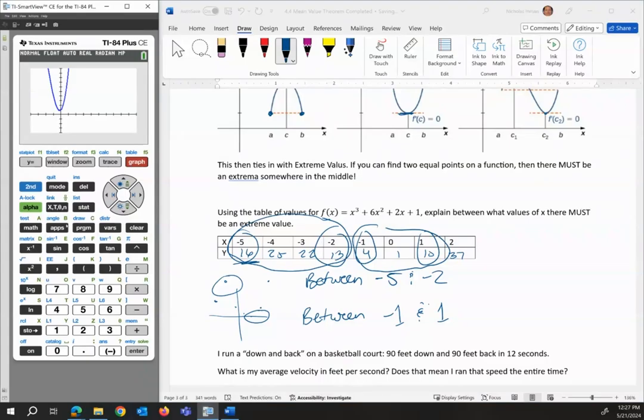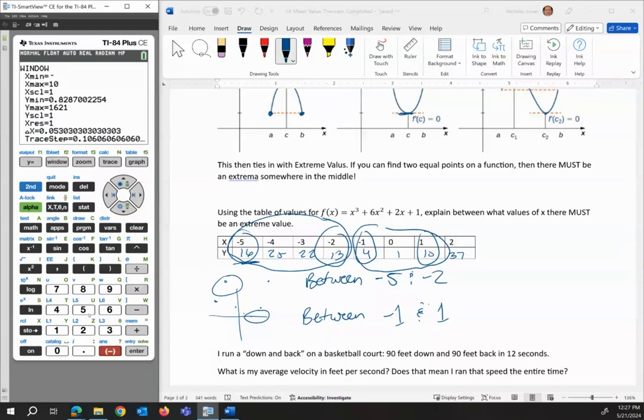So our graph should agree with us here. Well, that's terrible. Let's see, -6 to 3, -5 to 4.